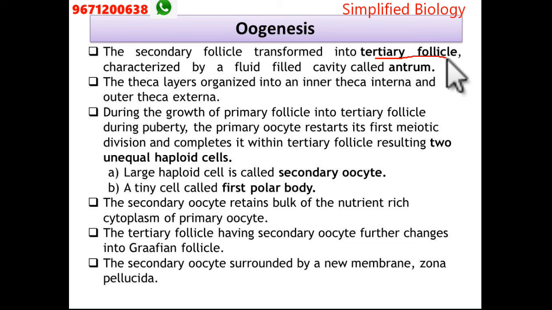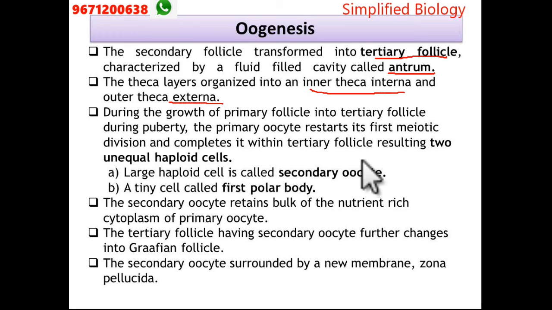The major difference between the secondary and tertiary is an internal cavity containing a fluid-like substance, which is named the antrum. The outer covering is named the theca interna and the theca externa. The theca layer is organized with the interna inside and the externa outside.